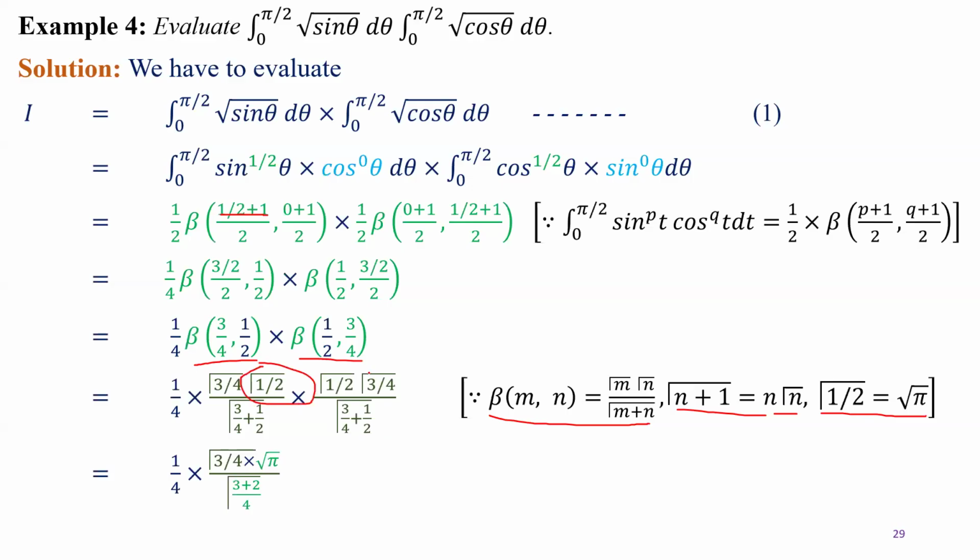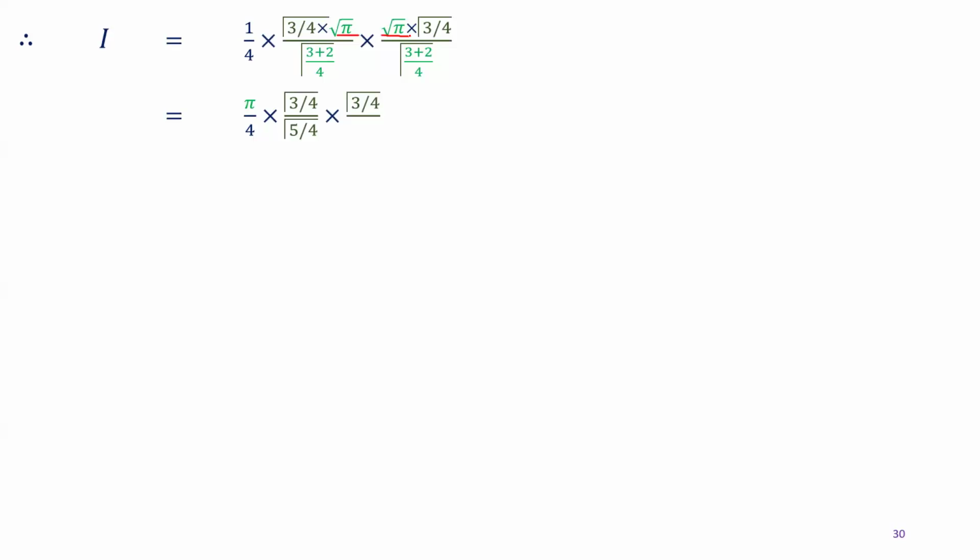This is root pi, this is also root pi. 3 by 4 plus 1 by 2 is 5 by 4. So 1 by 4 into gamma 3 by 4, root pi into root pi is equal to pi, gamma 3 by 4, gamma 3 by 4. This is gamma 5 by 4 and this is also gamma 5 by 4, which is equal to pi by 4 into gamma 3 by 4 into gamma 3 by 4.